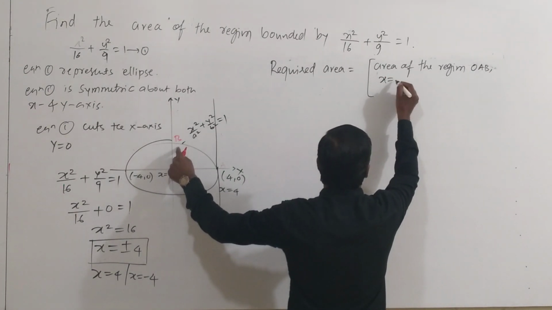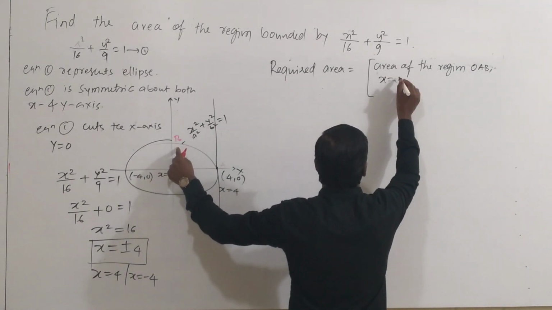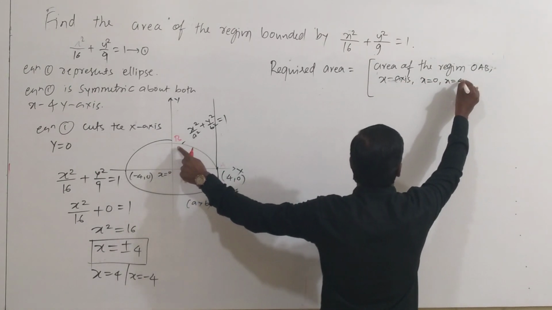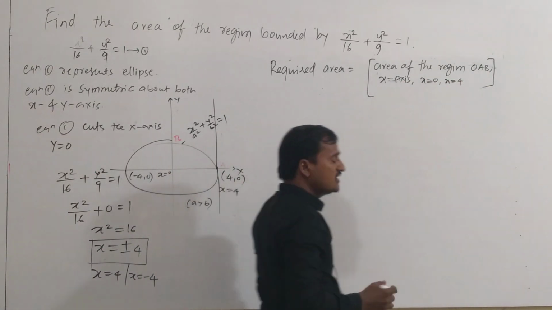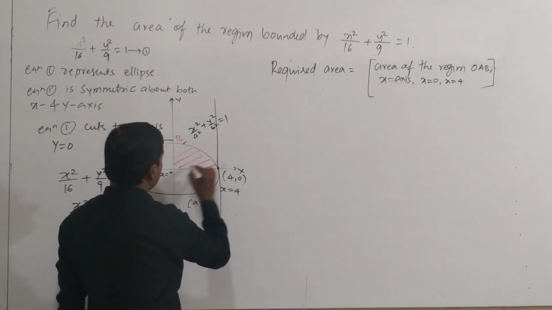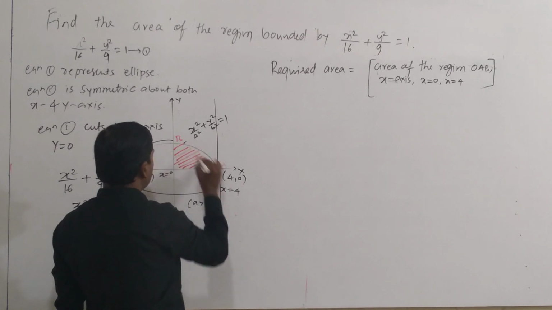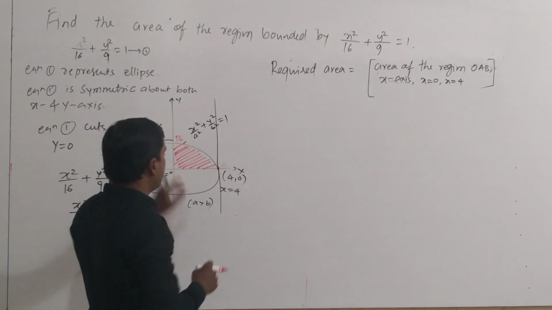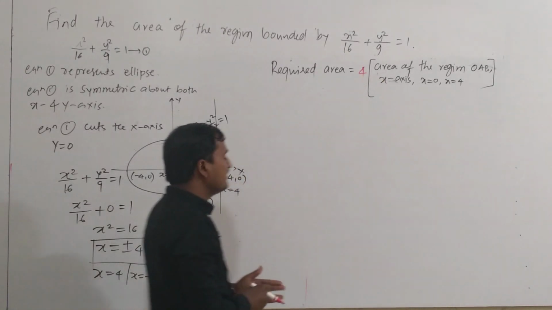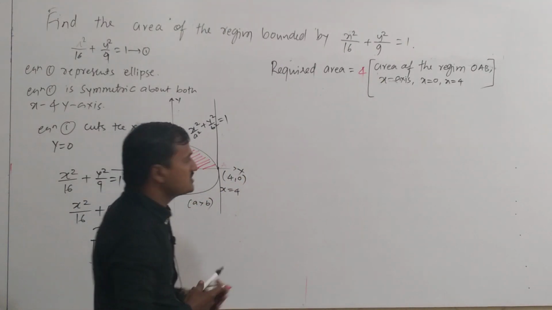Clearly it lies on the x-axis with the lines x equal to 0 and x equal to 4. Is it right? So first I will find this area, and for this area I multiply by 4, which gives the total area of this ellipse.